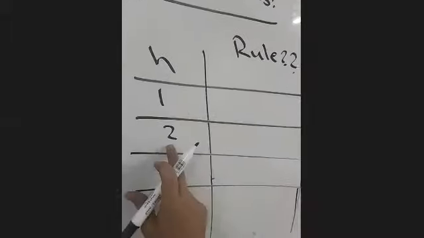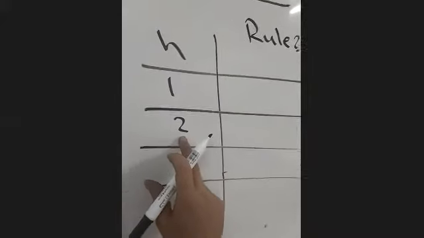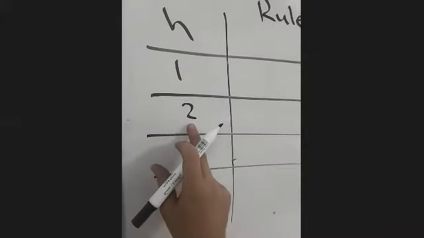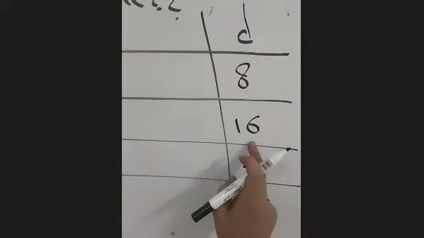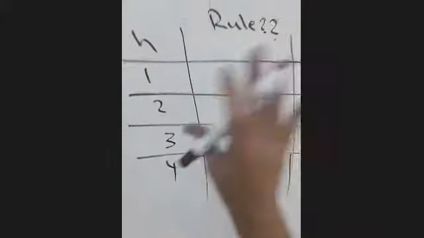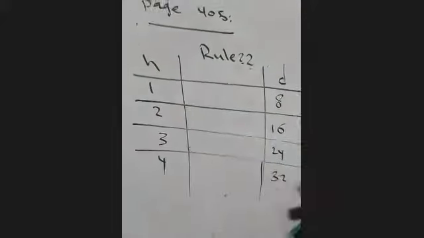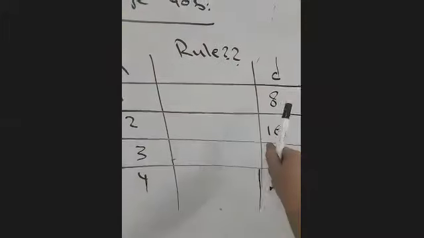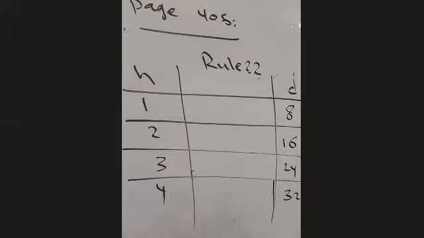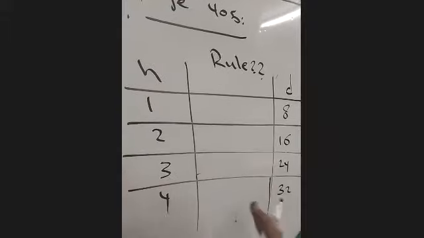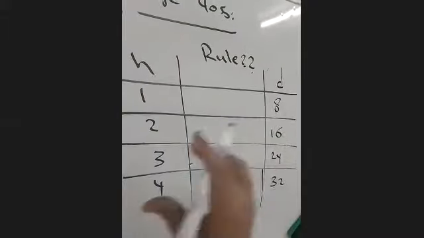Stop. How about the 2? If we add 7 to the 2, how much should the answer be? 9. Do we have 9 here? No. So adding 7 is wrong. Think of another rule.